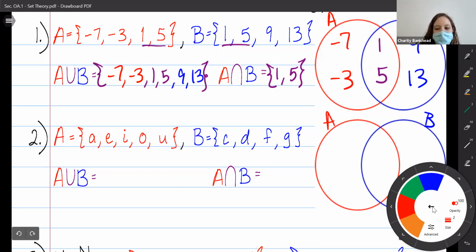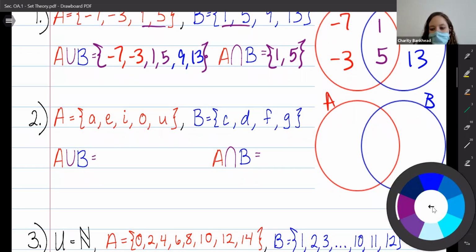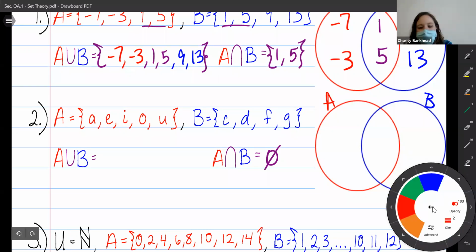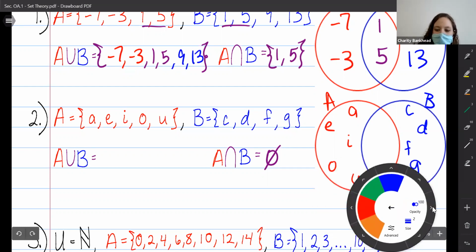What elements would be in the intersection of A and B? Nothing. So the intersection is equal to the empty set. When I fill out my Venn diagram, I'm just going to put all the elements of A over here, A, E, I, O, U, and all the elements of B over here, C, D, F, G. Okay, so that's how the Venn diagram would look.